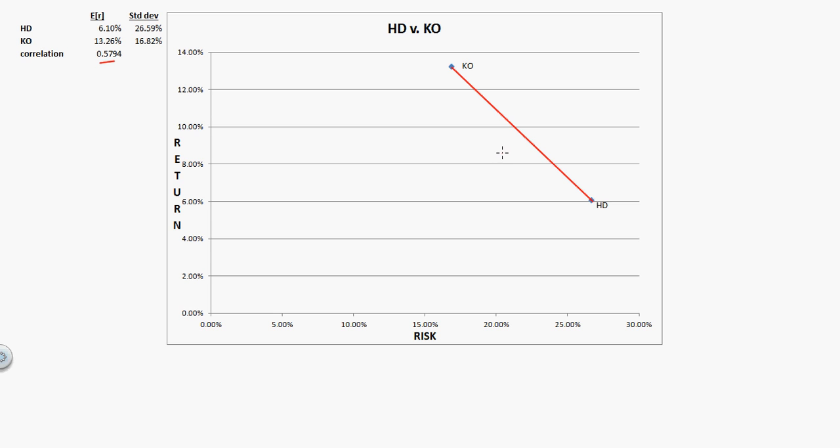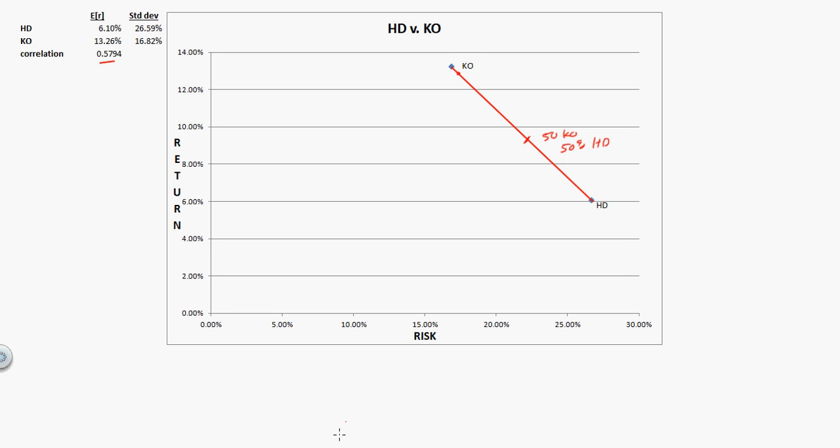And if we could eyeball this somewhere around, I don't know, probably right about here, it would be 50% Coke and 50% Home Depot. So right here's 100% Coke, 90% Coke, whatever.